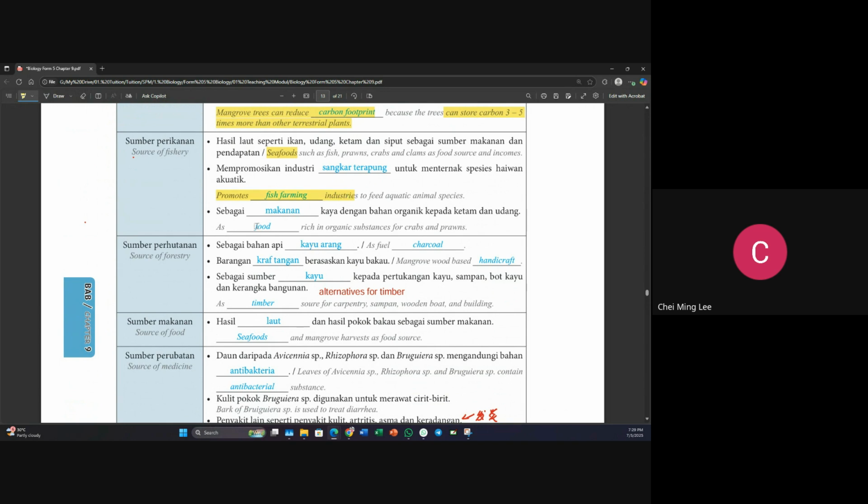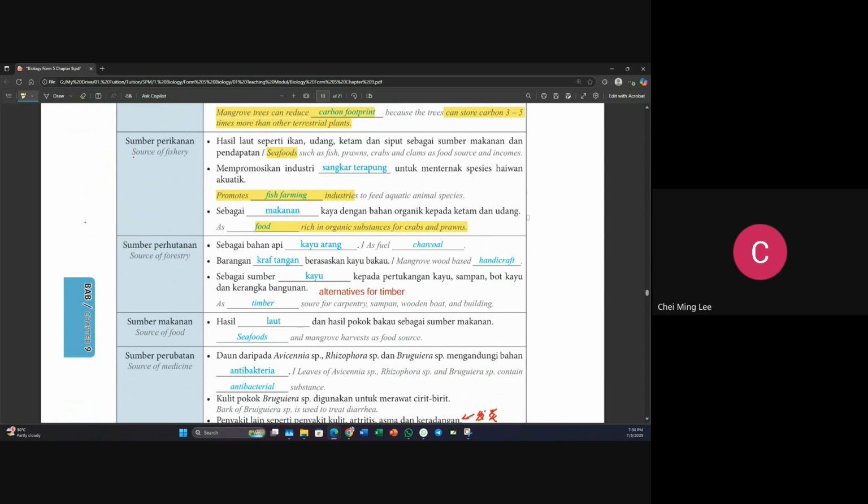Okay, and it is a food source, rich in organic substance for crabs and prawns. Because crabs and prawns, like we just said, are those that eat the carcasses actually. They are not eating the live ones. I don't know why. They actually eat the dead ones. Maybe because their moving speed is too slow.